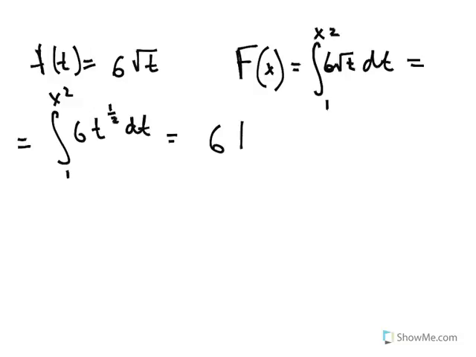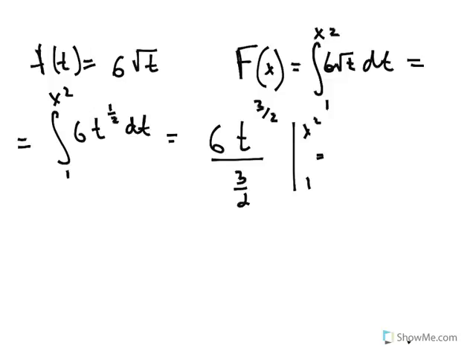We get 6t. Now 1/2 plus 1 would be 3/2 over 3/2. We're going to flip it in a second. X squared and x.